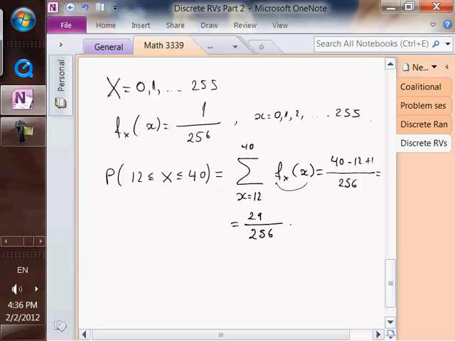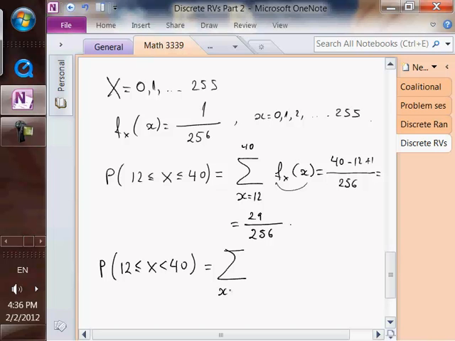If, on the contrary, I ask you this, what should be the range of this sum? The upper limit should be 39 because I'm not including 40 in the range of the values. And the random variable is discrete, takes the value 0, 1 up to 255.